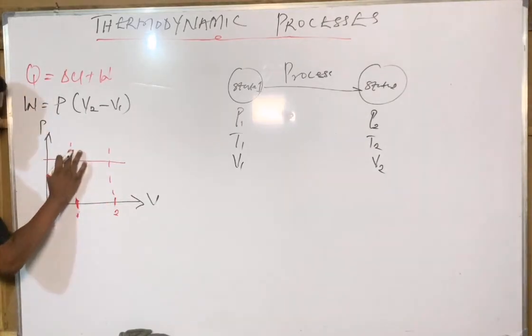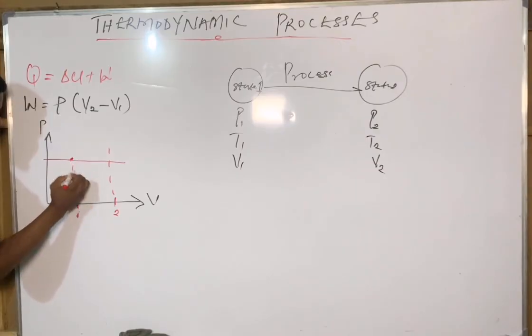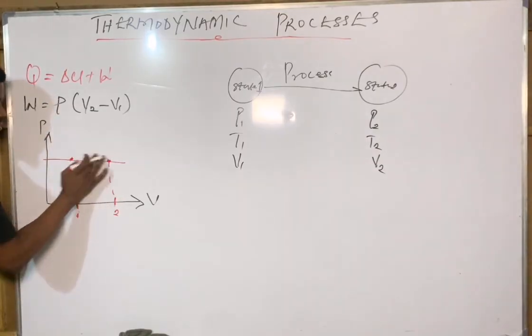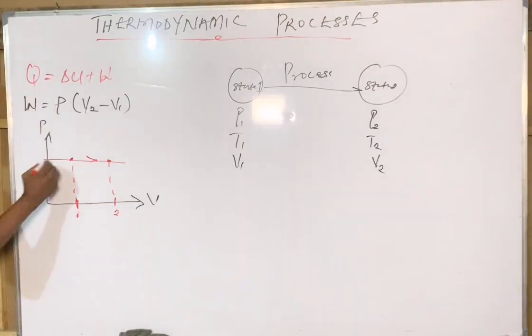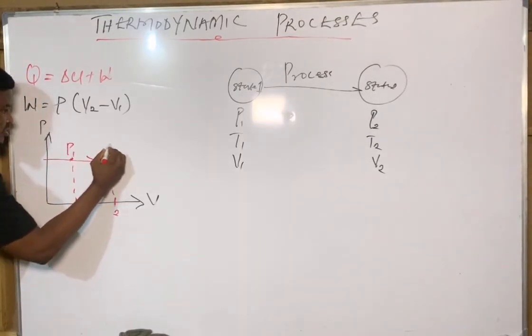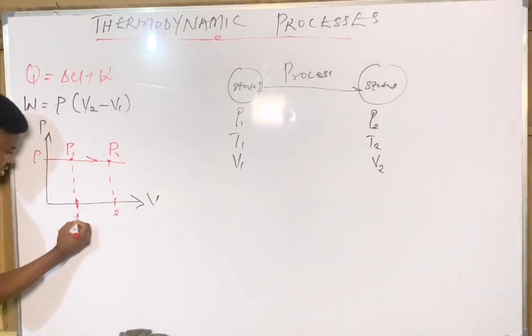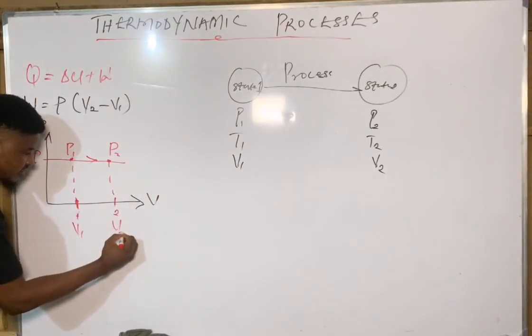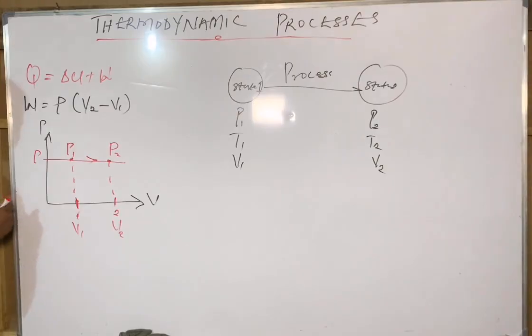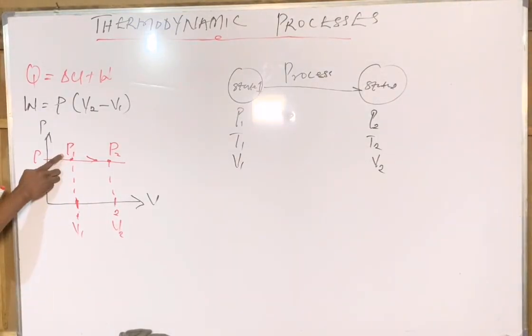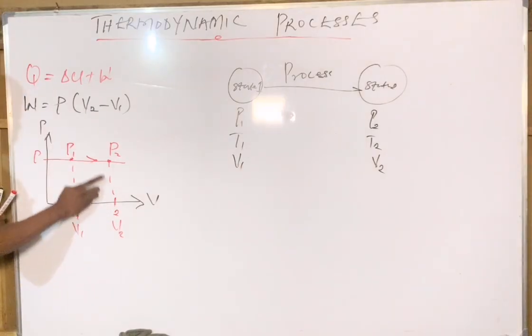This is P1, this is P2, so you see that there is no change in pressure. This is the pressure line, and this is the volume line. So this is our first volume V1, this is our second volume V2. The pressure at volume V1 is simply P1, and the pressure at volume V2 is simply P2.